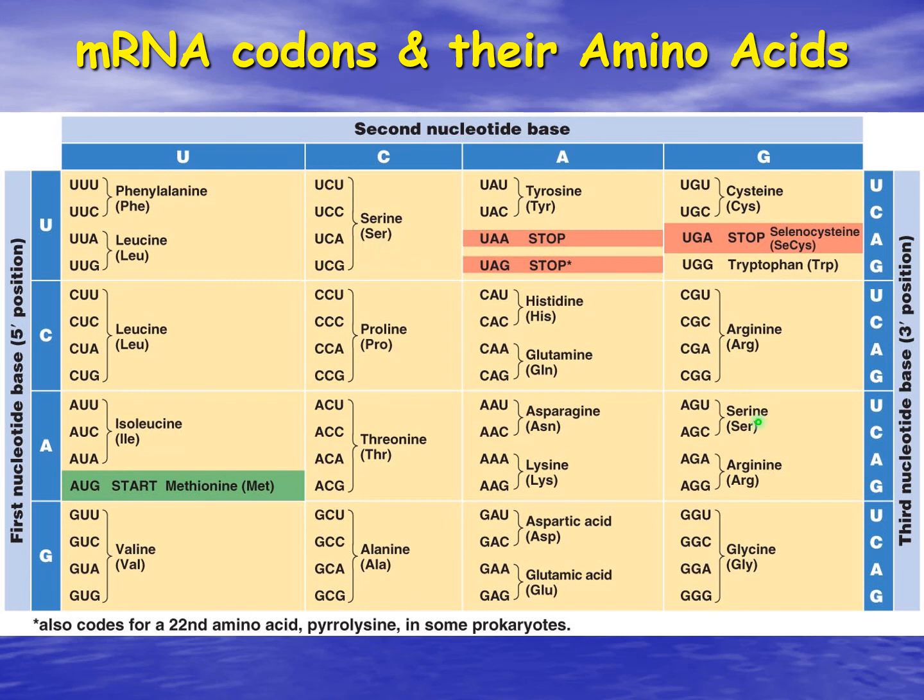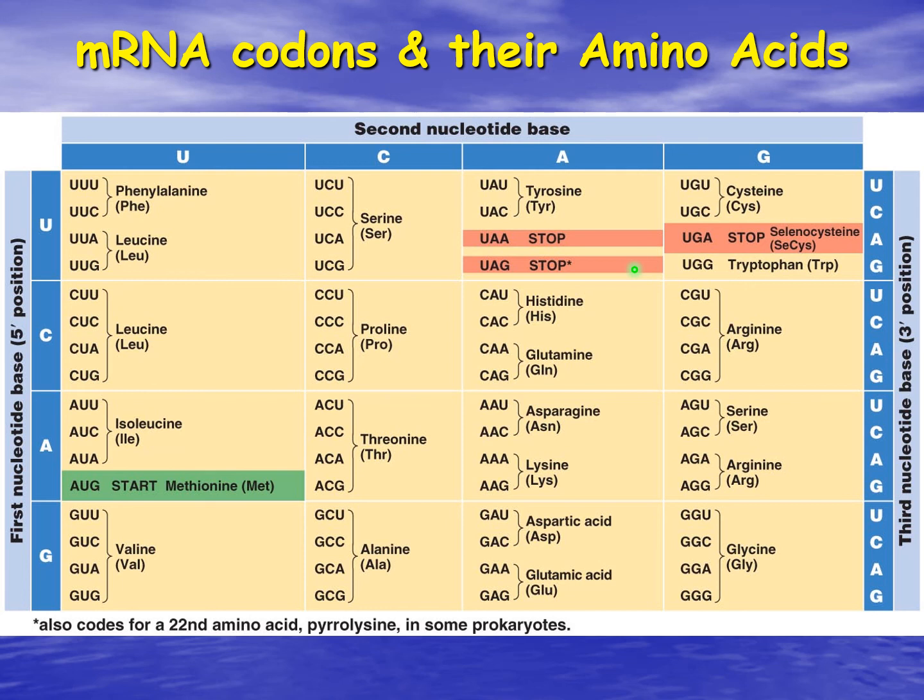What? Serine? If you count up all of these codons, there are 64 codons. 3 of them, right here, are stop codons, meaning they don't code for an amino acid. So there are 61, what we refer to as sense codons, that code for the 20 amino acids.